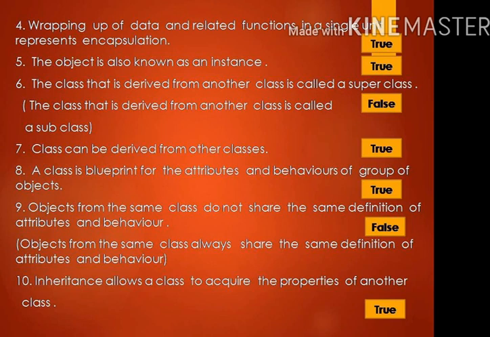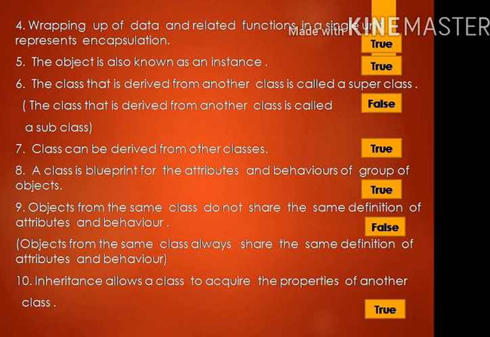Objects from the same class do not share the same definition of attributes and behavior. The statement is false. Objects from the same class always share the same definition of attributes and behavior.